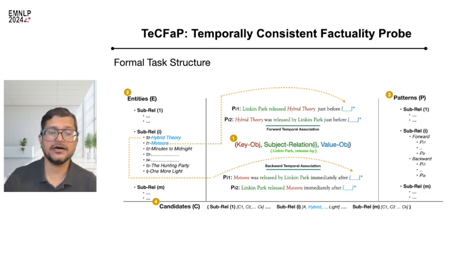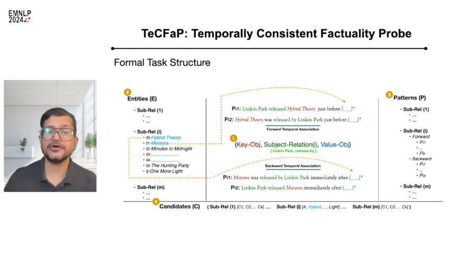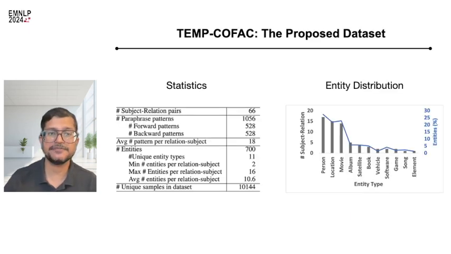We have a set of base patterns represented by a subject-relation pair, and then we have a set of entities E associated with a particular subject-relation, and then we have a set of patterns which contains the paraphrases of the various base patterns in both backward and forward directions. Finally, the candidate set C contains the set of tokens, which is a possible vocabulary space for a particular subject-relation pair.